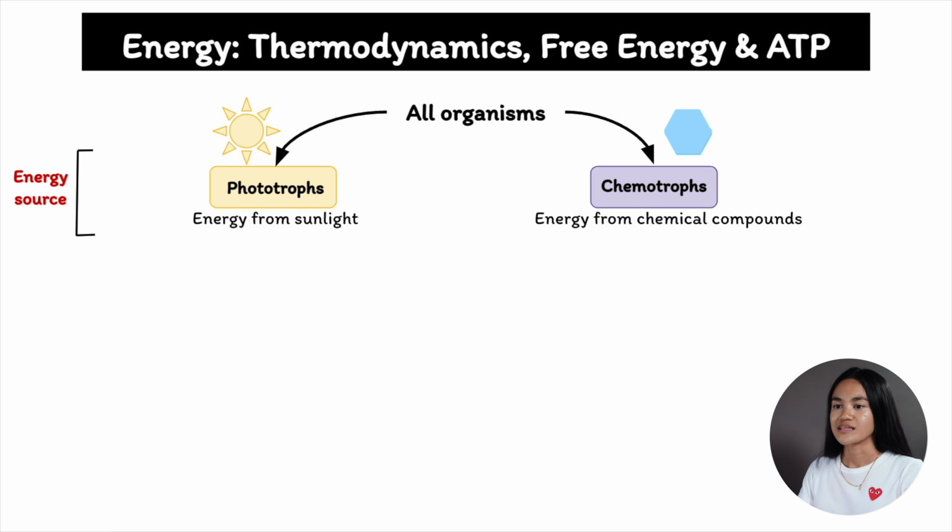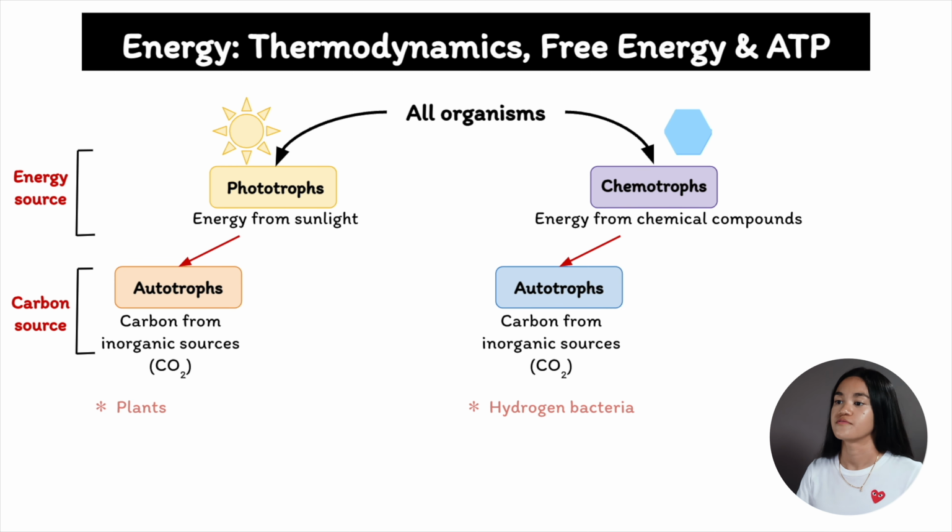We can also classify organisms in terms of where they get their carbon. Why carbon though? Because carbon is the foundation of the organic molecules that make up cells, and cells use carbon-containing compounds. Organisms that are able to convert carbon dioxide, which is an inorganic form of carbon, into glucose, an organic form of carbon, are called autotrophs or self-feeders because they can do it themselves.